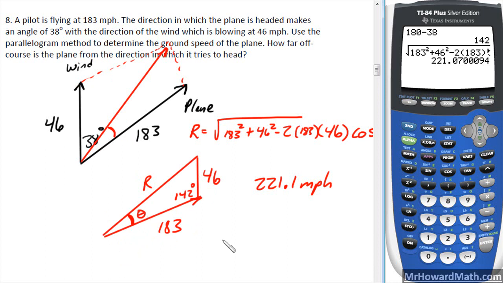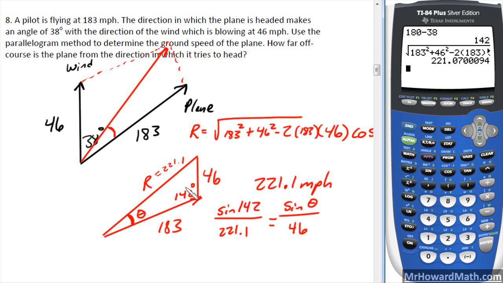So we're going to need to use law of sines for that. So we know that R is 221.1, so we have a sine pair. We have this angle and the side that goes with it. So let's set up our ratio. Sine of 142 over 221.1 is going to be equal to sine of angle theta all over 46.